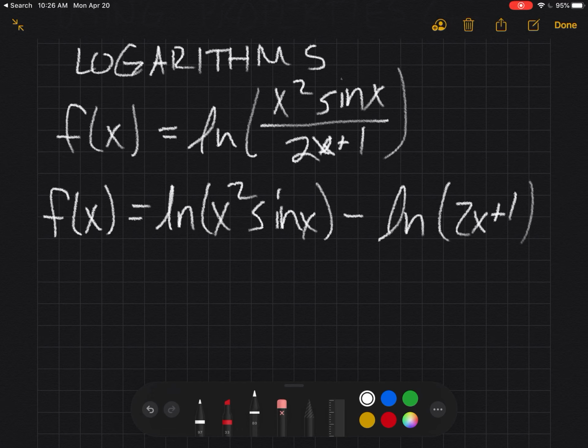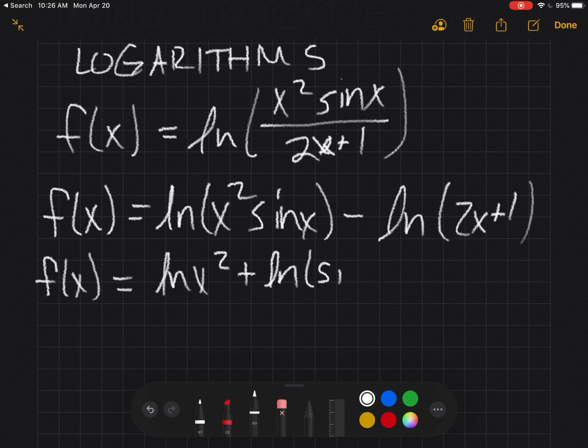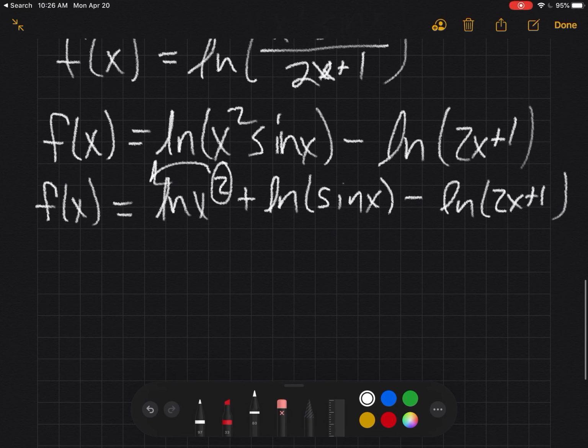But if you remember your algebraic properties of logarithms, the log of a quotient can be written as the difference of two logarithms, and the log of a product can be written as the sum.